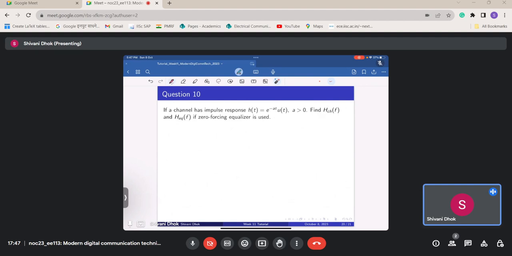Okay, and we had seen initially that this equalizer is equal to your Hch. So how it is happening is, we are having your Tx, then we are having your channel, then your equalizer, and then your receiver.